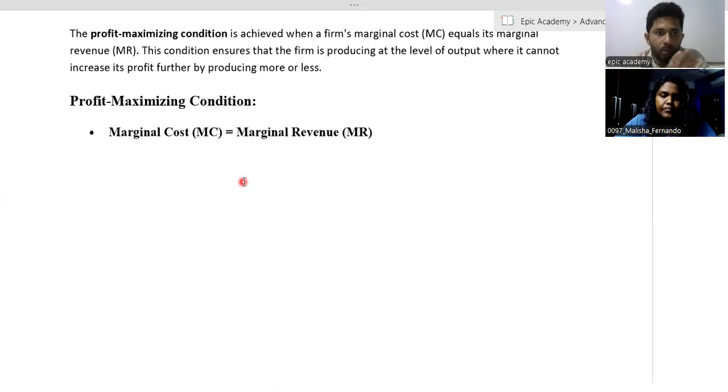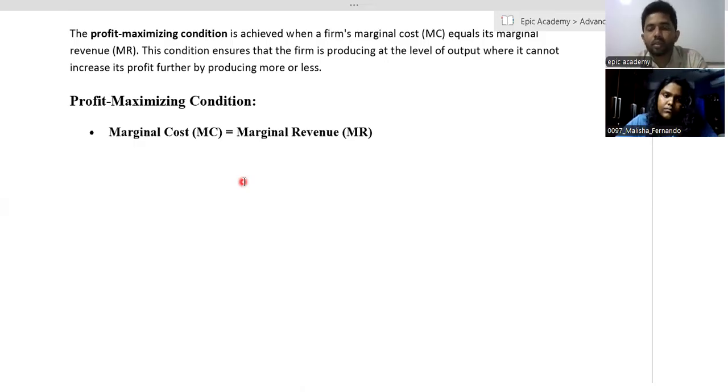The profit maximizing condition is achieved when a firm's marginal cost, meaning when you produce an additional unit, total cost increases because of that additional production. That additional cost is marginal cost. Marginal cost equals marginal revenue.